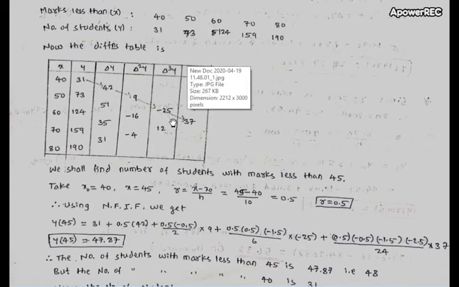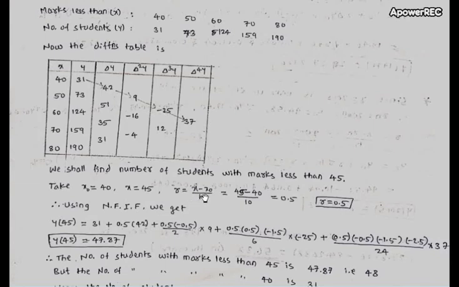The topmost value we have to use, because x is given, and the x value is 45. So find the students with marks less than 45. 45 is close to the x naught value, therefore we will use the forward interpolation formula. x naught, y naught, triangle y naught, triangle square y naught, triangle cube y naught.